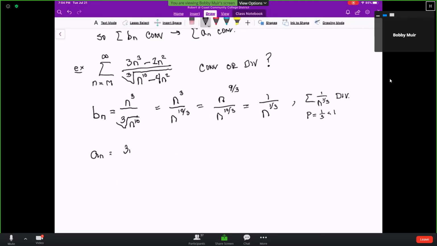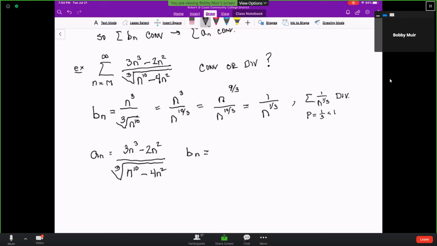Okay, so our a_n is 3n cubed minus 2n squared divided by the cube root of n to the 10th minus 4n squared.